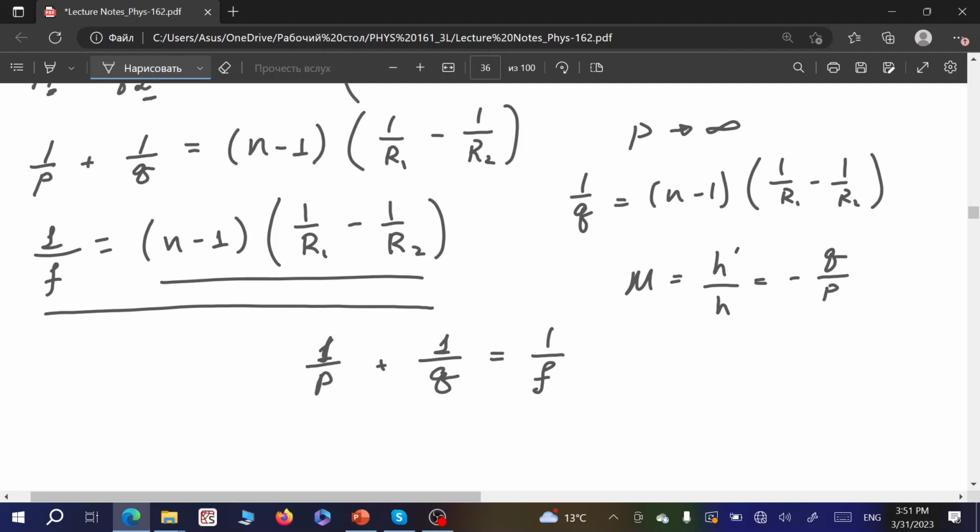So there are two designs for telescopes. If we consider amateur telescopes, like small size, most of them are made with lenses. But all professional huge telescopes with large diameters are actually based on mirrors.